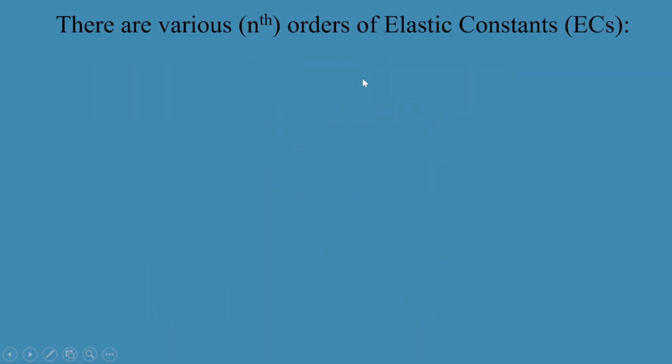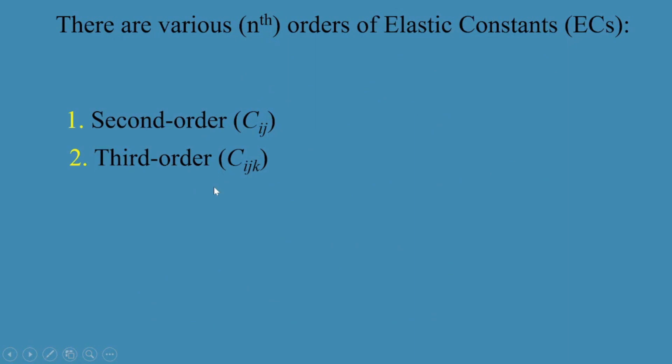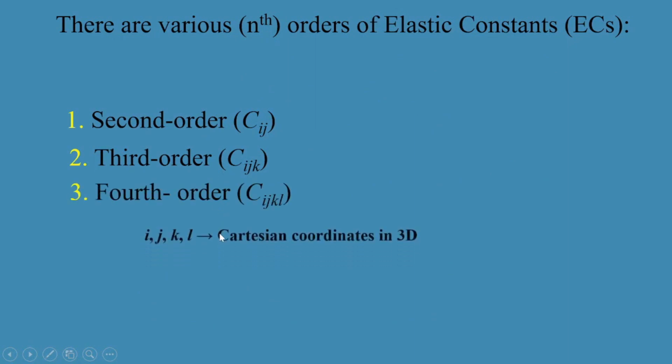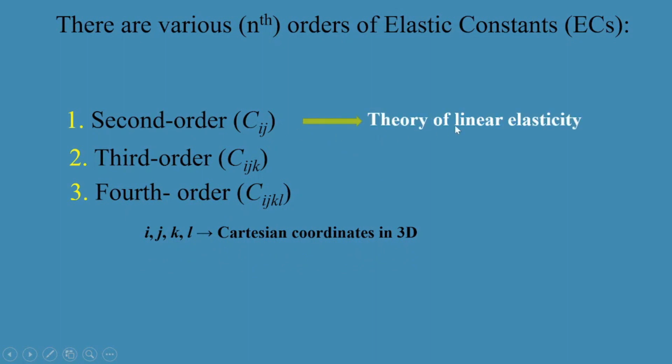There are various orders of elastic constants, namely second order, third order, fourth order and so on, where the indices i, j, k, l represent the Cartesian coordinates in 3 dimensions. The second order elastic constants are based on the theory of linear elasticity, where infinitesimal deformation strains are assumed, and describe the linear response of a crystal to stress.